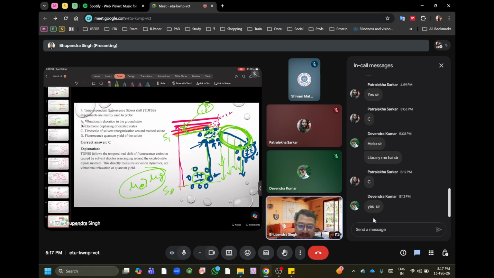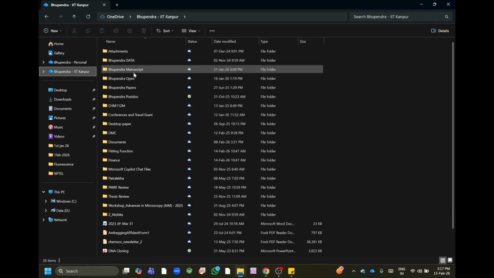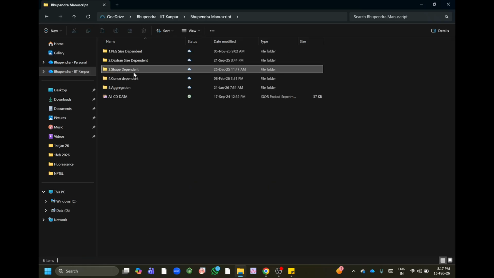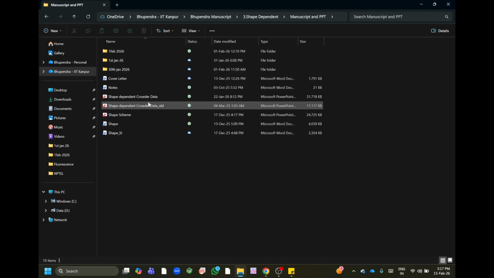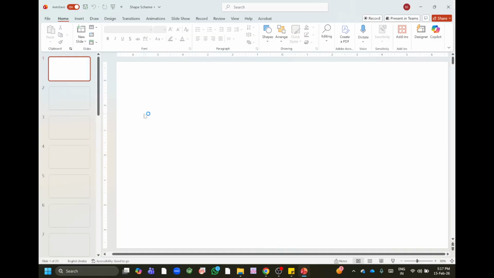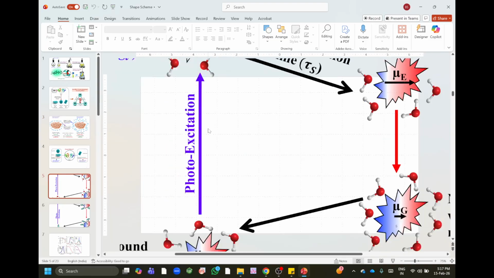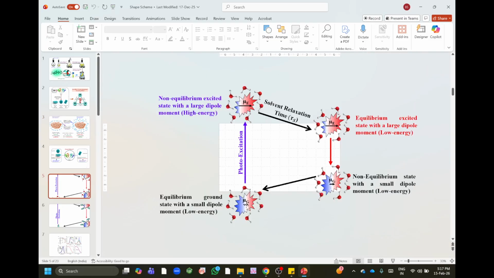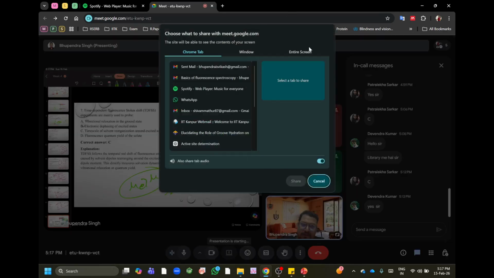So for better visualization, let me give you something which can make you better understand this TDFSS. Let me give it. Okay. So I am switching, presenting entire screen.